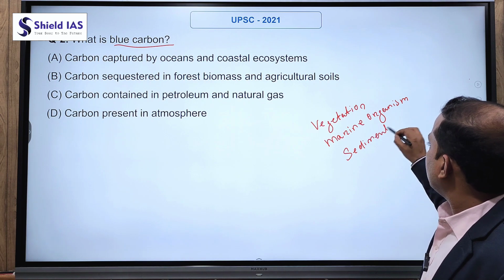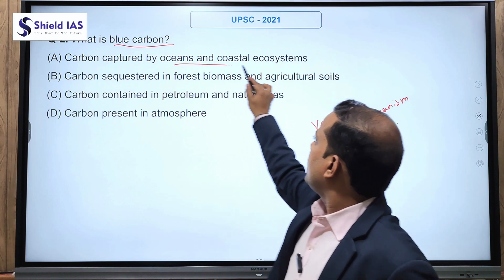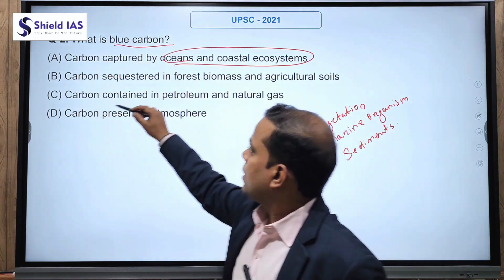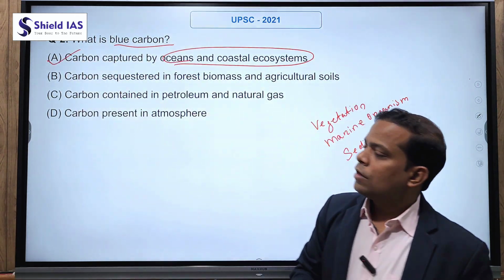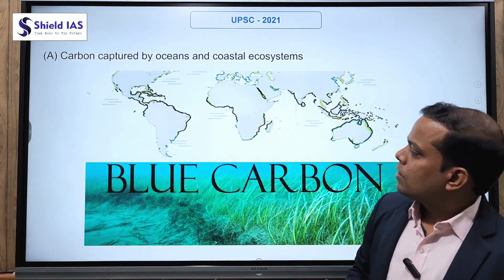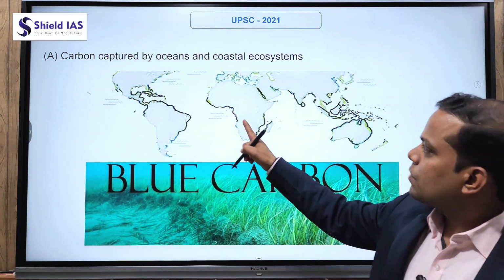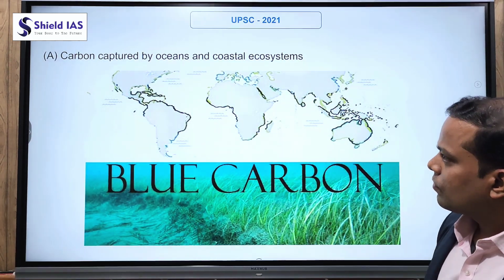So coastal aquatic ecosystem means carbon captured by ocean and coastal ecosystems, so A is the correct answer. Here you can see the image: what is blue carbon? Carbon captured by ocean and coastal ecosystems.